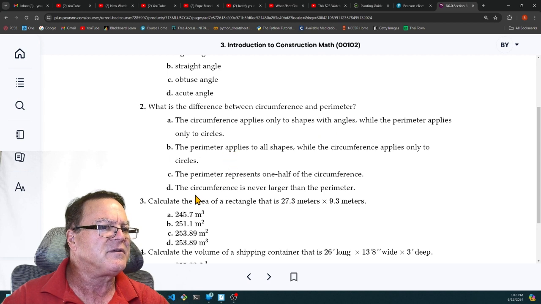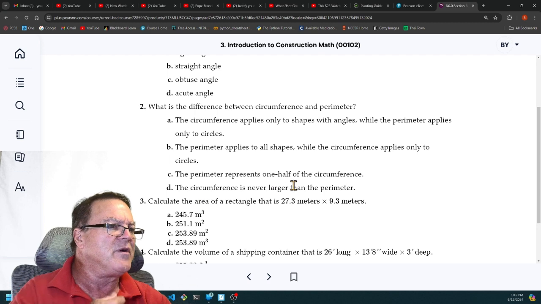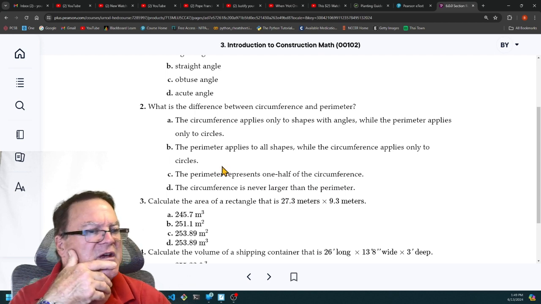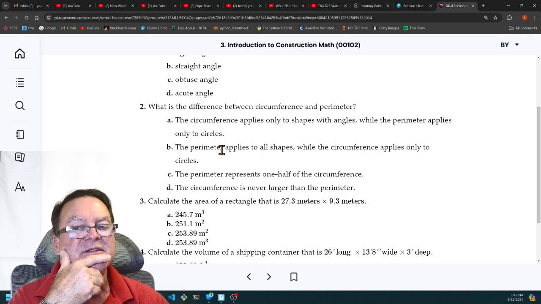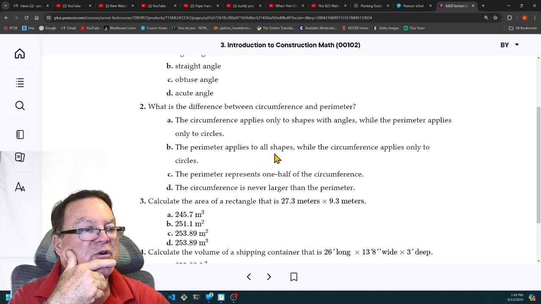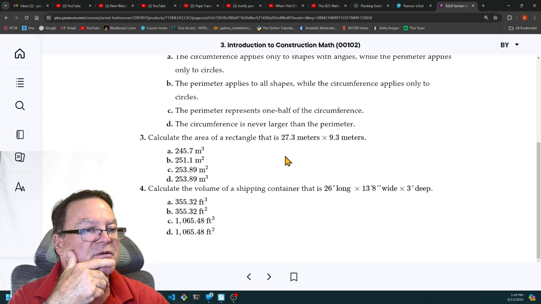I don't like that answer at all. The circumference is never larger than the perimeter. The perimeter represents 1/2 the circumference. Where did they come up with these answers? The perimeter applies to all shapes, while the circumference applies only to circles. I would say the answer is B. The perimeter applies to all shapes, while the circumference only applies to circles.